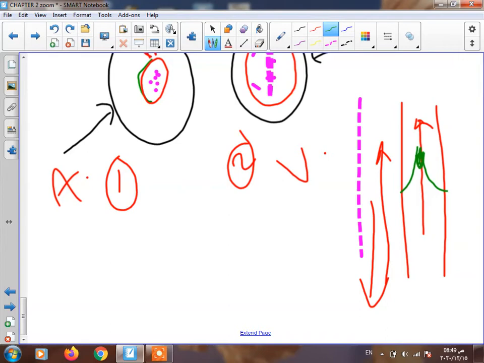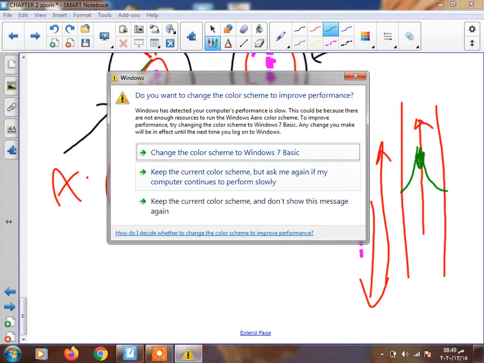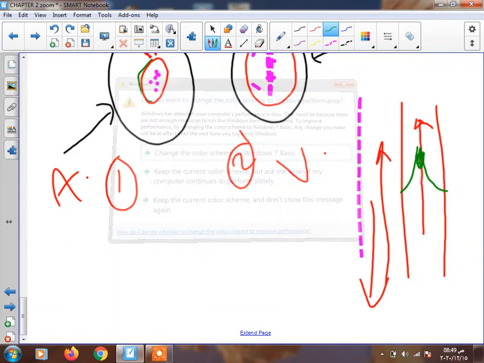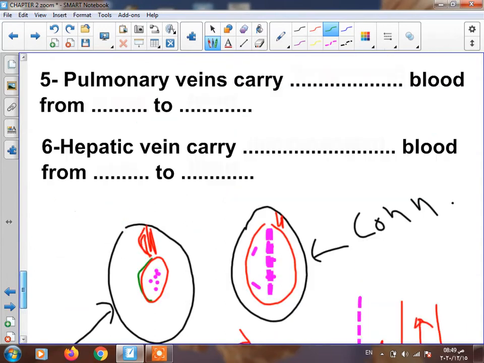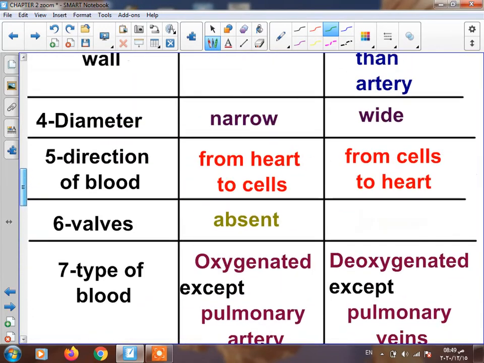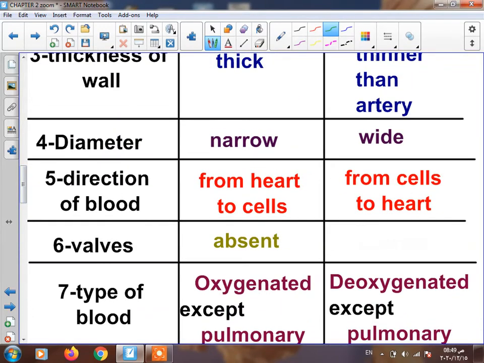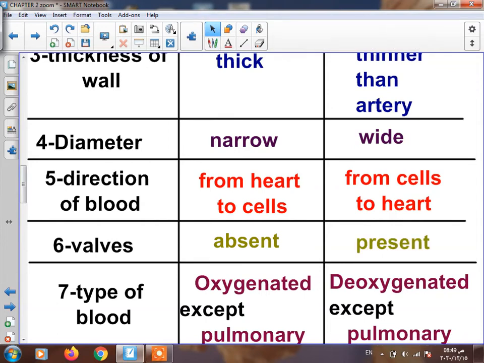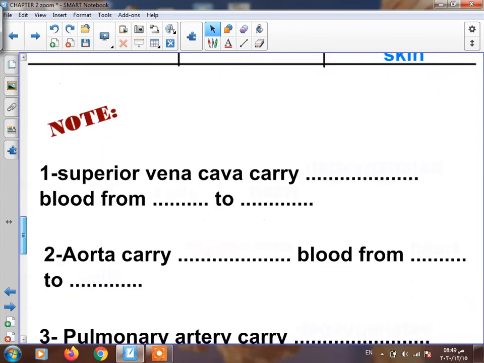If I ask what's the importance of the valve in the vein, it allows blood to move in one direction, from cells to heart, and does not allow backflow. Valves along the artery are not found, but in the vein they are found.